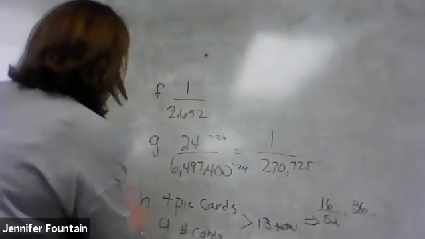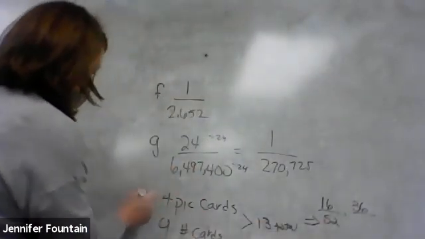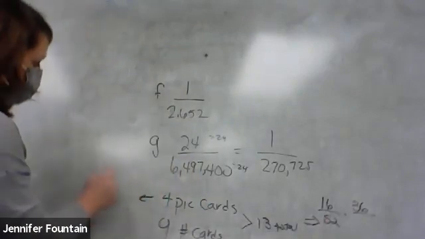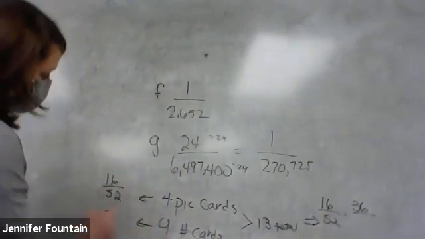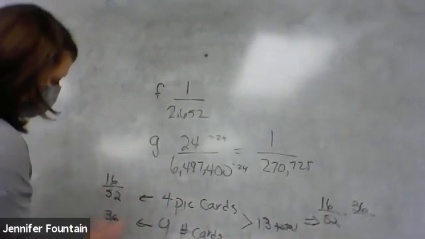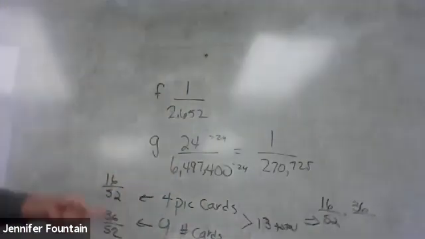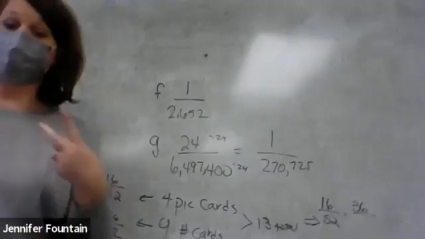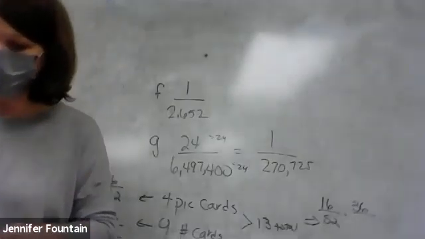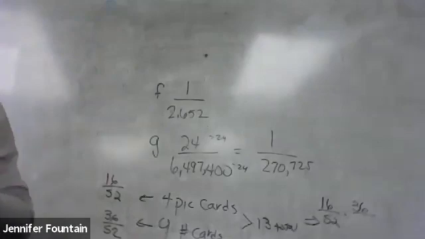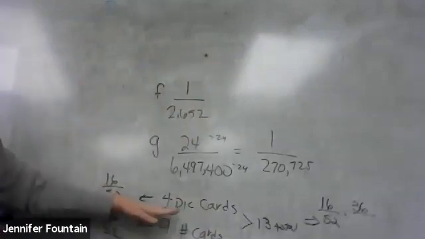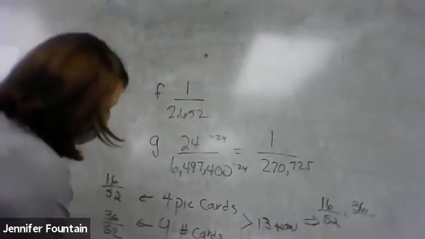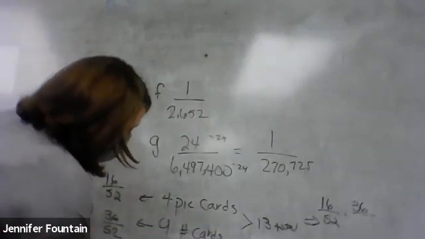Actually, I'll go ahead and put this right here so we can look at it. So picture cards are 16 out of 52. Number cards, we have 36 out of 52. And obviously if we add 16 and 36, that equals 52, our total deck. So the first time I draw, I get a picture card. That was our 16 out of 52.